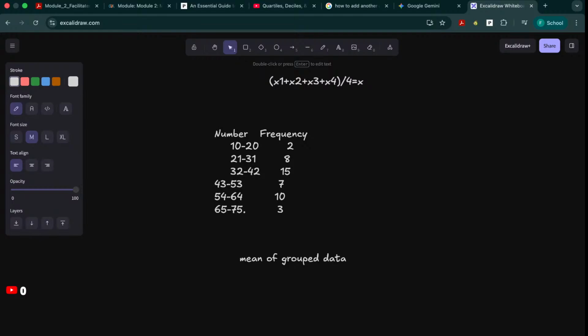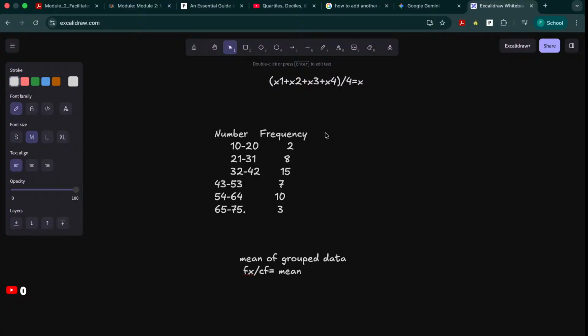The mean of grouped data is calculated by doing the summation of f times the midpoint, then you divide by the total frequency, which is called cumulative frequency. This gives you the mean.